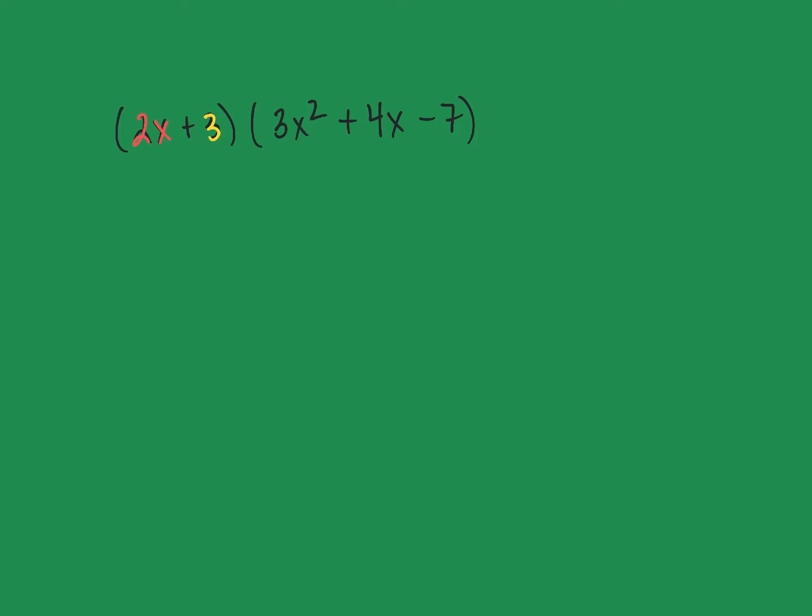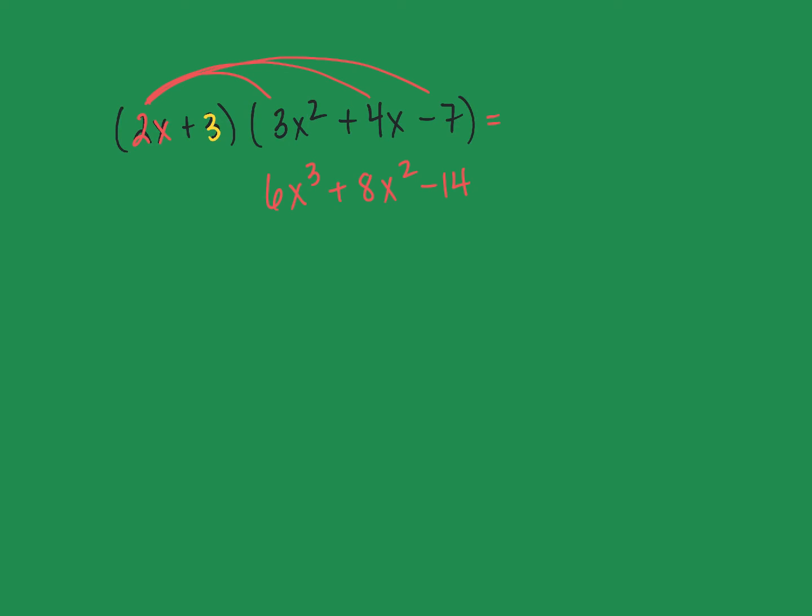So I'm going to take out that middle step this time. I'm going to do 2x times 3x squared, and that's going to give me a 6x to the third power. A 2x times a 4x is going to give me an 8x squared, and then a 2x times negative 7 is going to give me a negative 14.